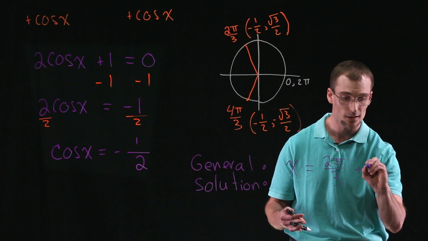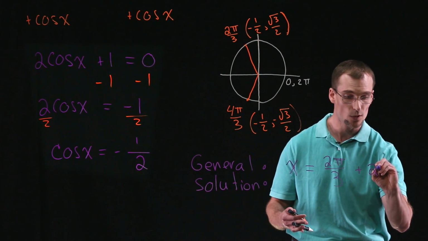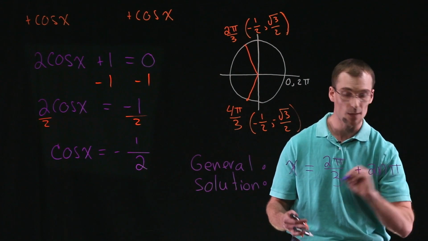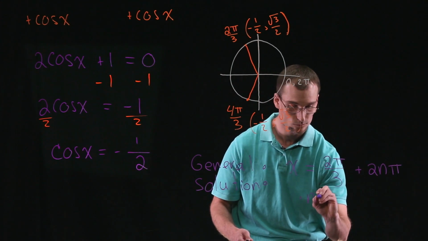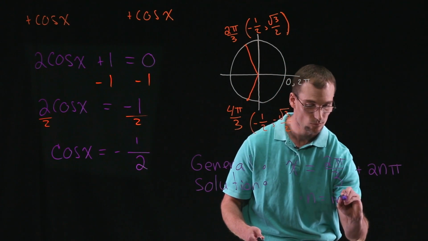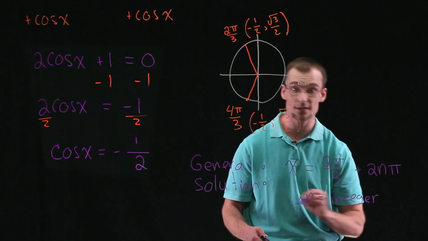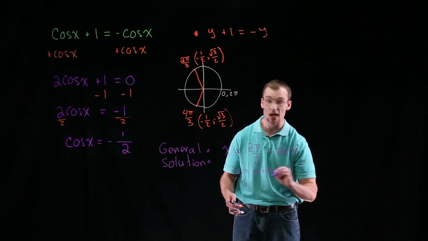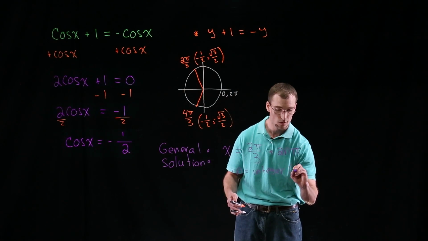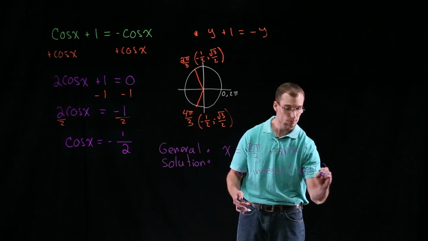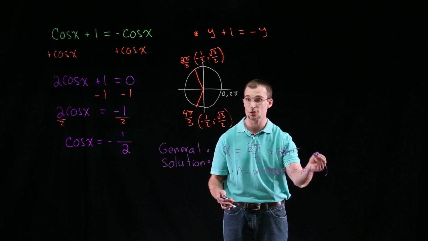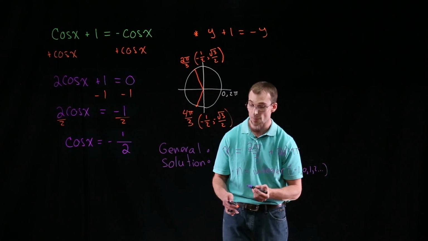And how we represent that is simply taking 2 times n times pi, where n represents an integer, meaning a positive or negative whole number. So things like negative 1, 0, 1, 2, etc., on to infinity.